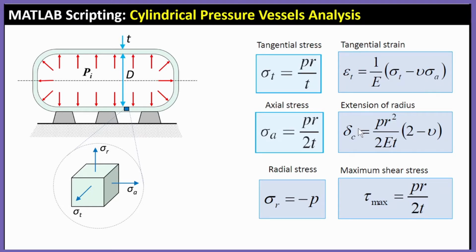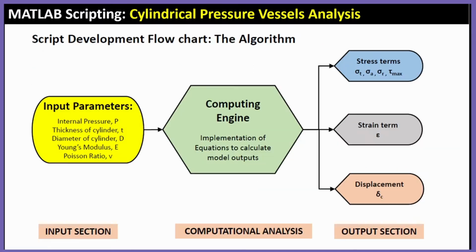Then the extension of the radius, so how much the radius is growing due to the effect of the pressure load. Again, the formula is given there. And finally, the maximum shear stress, which is a measure of the distortion that you will see on the pressure vessel, is PR over 2t. So we're going to use these things in our design.